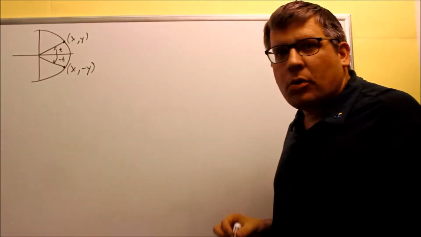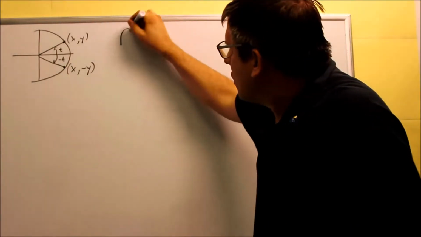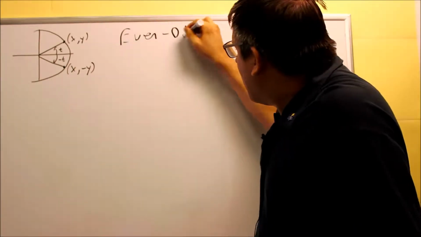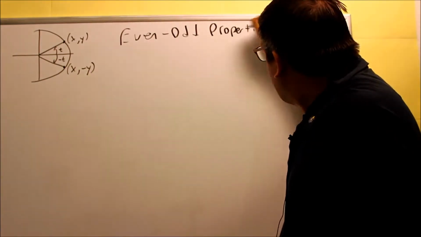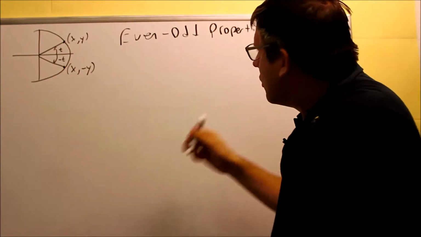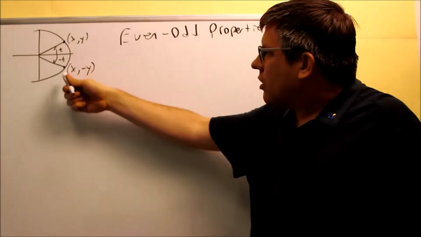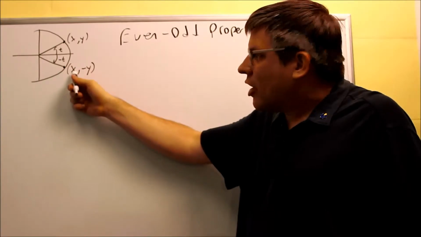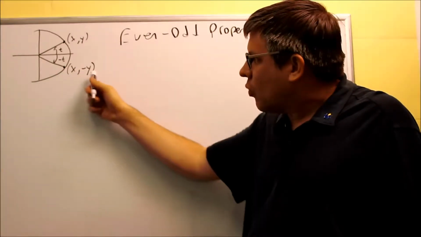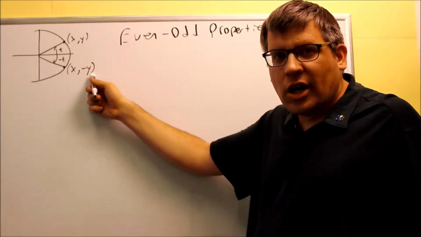Based on this, we can come up with a couple definitions, and these are going to be called the even-odd properties, and it's going to come off of the circle that we have here. So what we can see is that if I go down with a negative angle, the x value refers to a cosine and the y value refers to a sine.